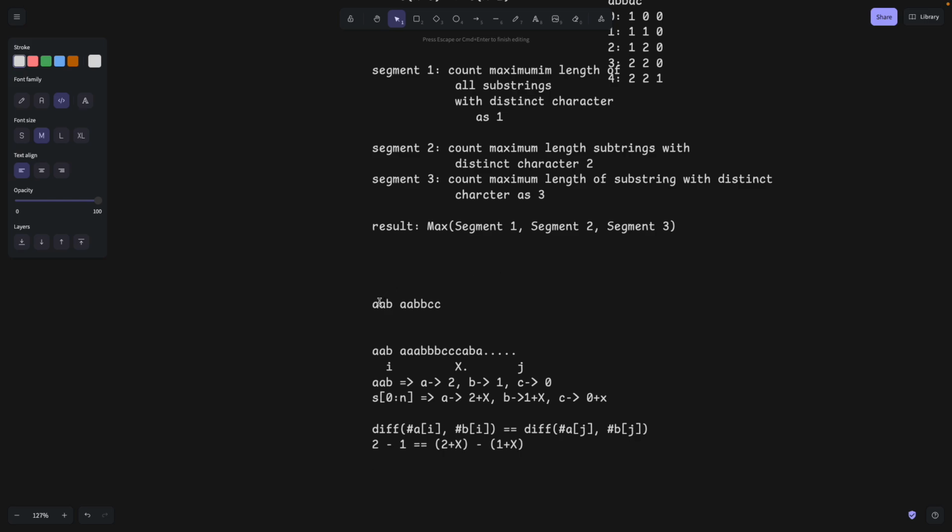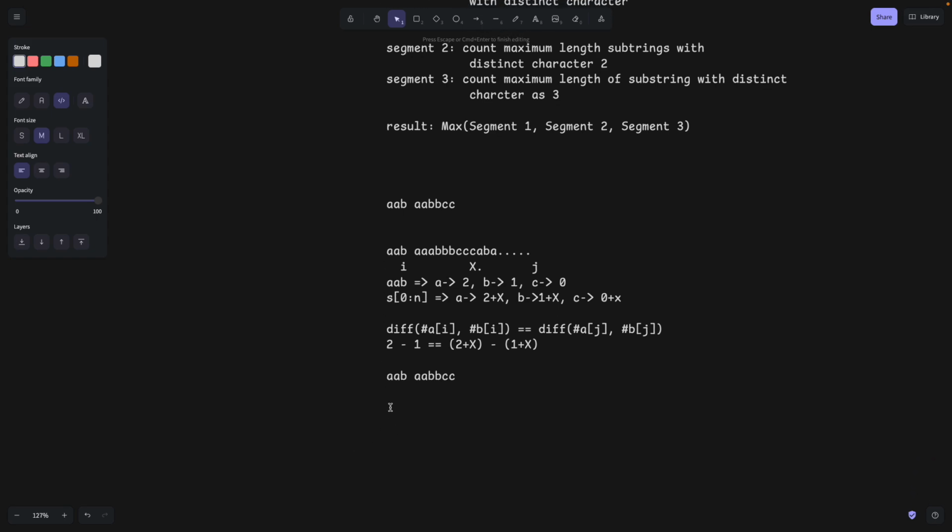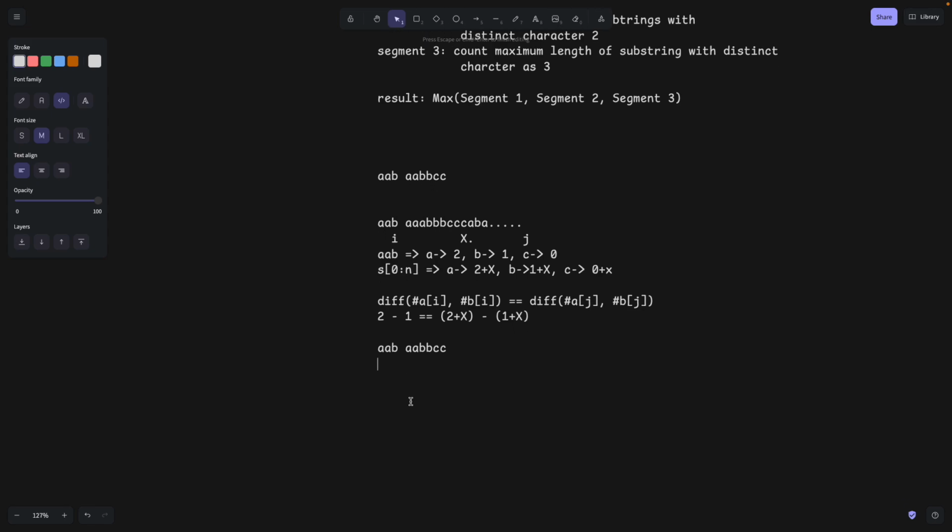So let's suppose we take this example and try to find the length of the maximum substring with distinct characters 2.